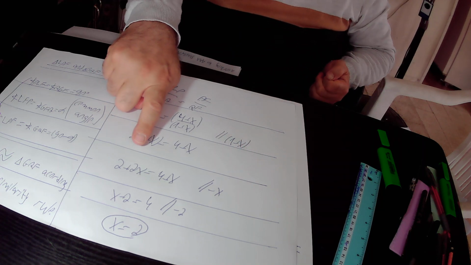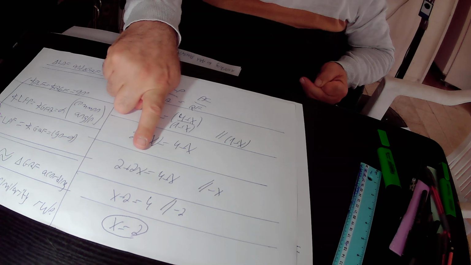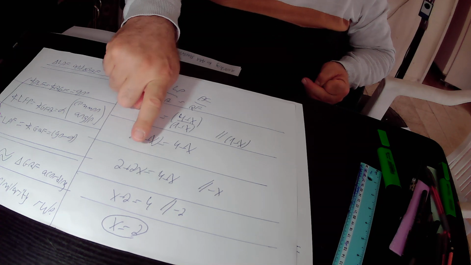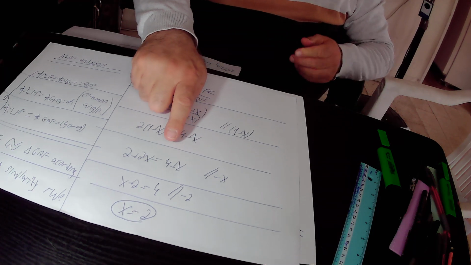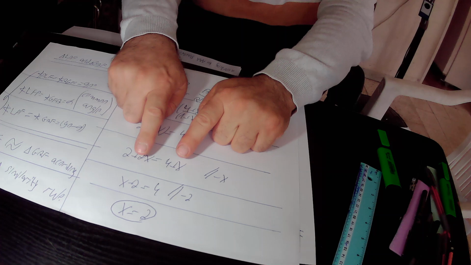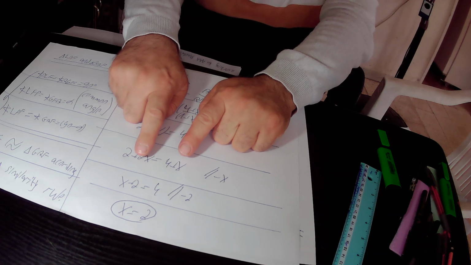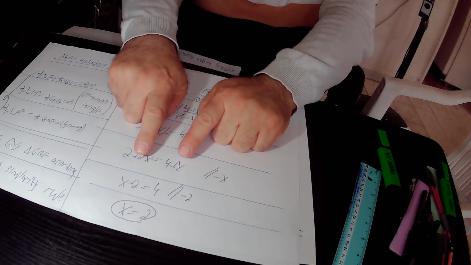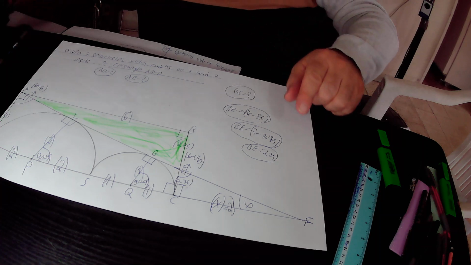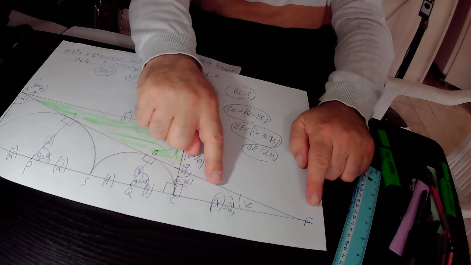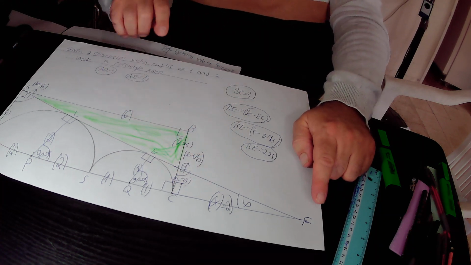So on this side of the equation we have 2x minus x, which is x, so in total we have x plus 2, and on the other side of the equation we have only 4. So in total we find out that x plus 2 equals 4. Here we subtract 2 from this equation and finally find out that x equals 4 minus 2, that is 2. So this is the line segment CF that is equal to x, which is equal to 2 units.